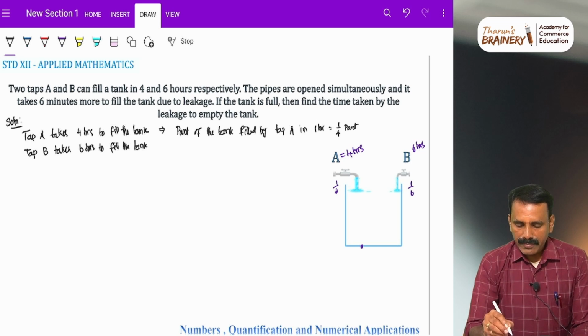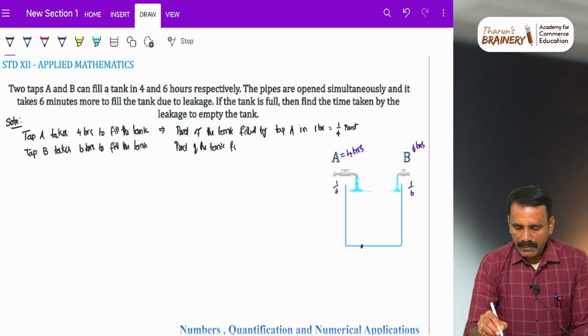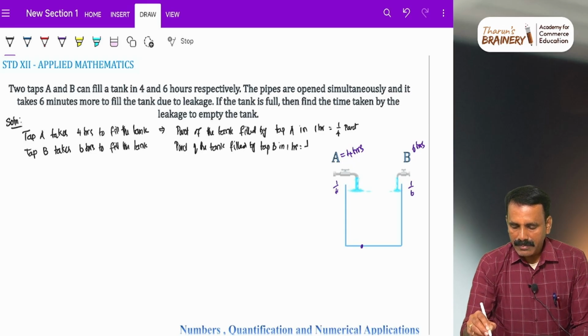And same way, part of the tank filled by tap B in 1 hour will be equal to 1 by 6th part of the tank.